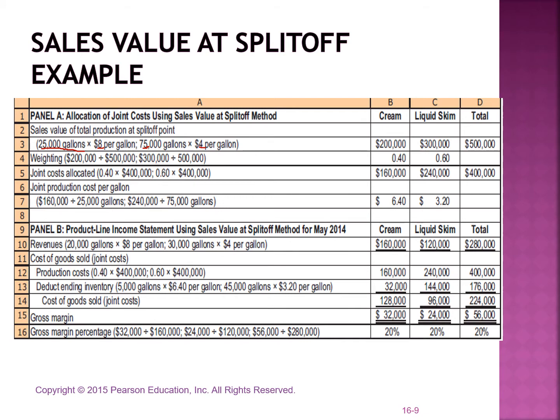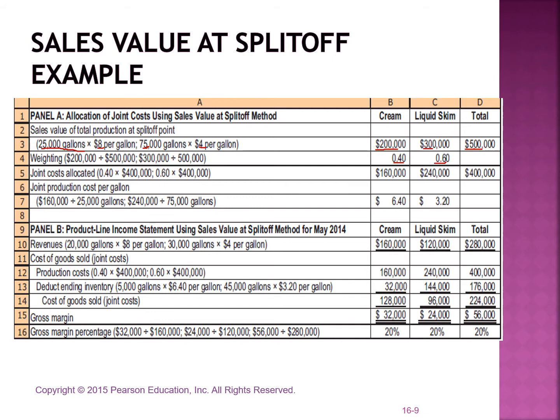So it is 200,000 and 300,000. The total is 500,000. I will start to prorate, which means I will divide the 200,000 by the total of 500,000, which represents 0.4. And I will divide the 300,000 over the 500,000, which is 0.6.